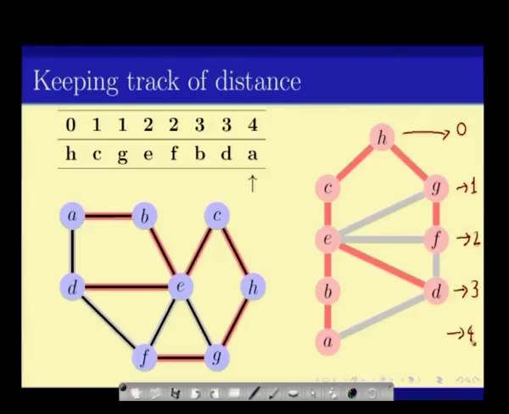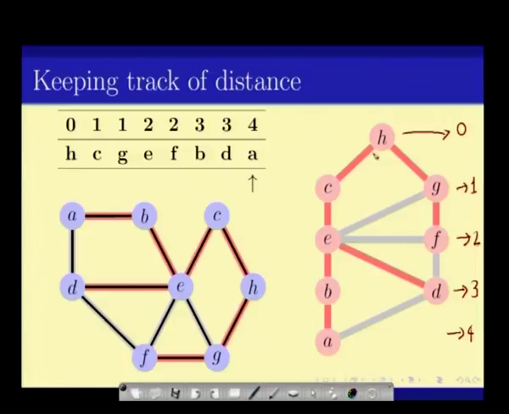Note that the non-tree edges go from a distance i to i minus 1, or i plus 1, or i. So, I cannot have a non-tree edge going from G to B, because the difference between these 2 distances is more than 1.